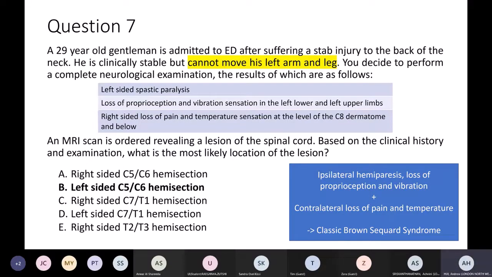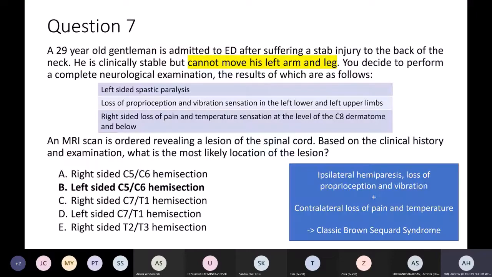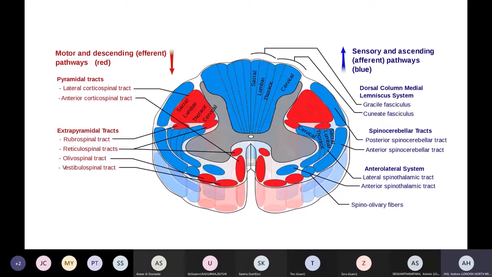So the reason for this is we have to look at our spinal cord anatomy. So let's say we've destroyed the left side, as in this question here. So we destroy the left side. We have damaged our corticospinal tracts, carrying our motor function, causing hemiparesis on the ipsilateral side. We've disrupted our dorsal columns, causing a loss of proprioception and vibration sensation on the ipsilateral side.